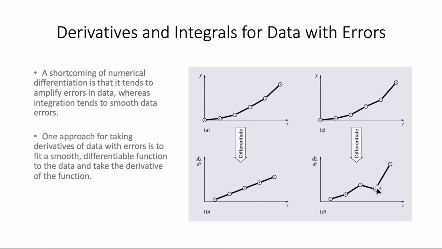So one concept to keep in mind is anytime you take some available data, samples from a function, and you try to use some of these finite difference formulas to estimate the derivative of that function from the samples, if the samples have any amount of error or noise in them, differentiating the function can actually augment the errors on the derivatives compared to what you would have obtained with noise-free samples, let's say.